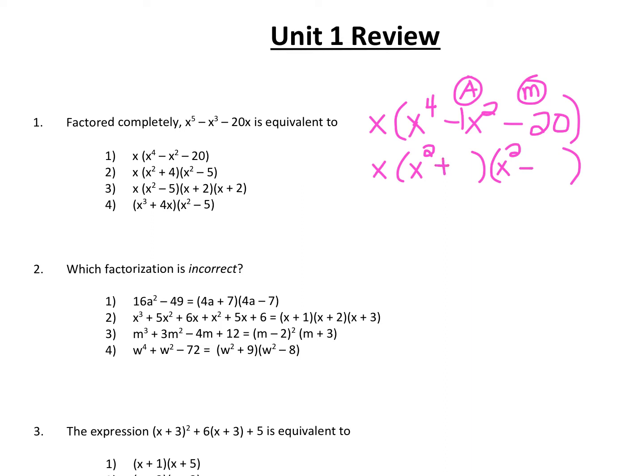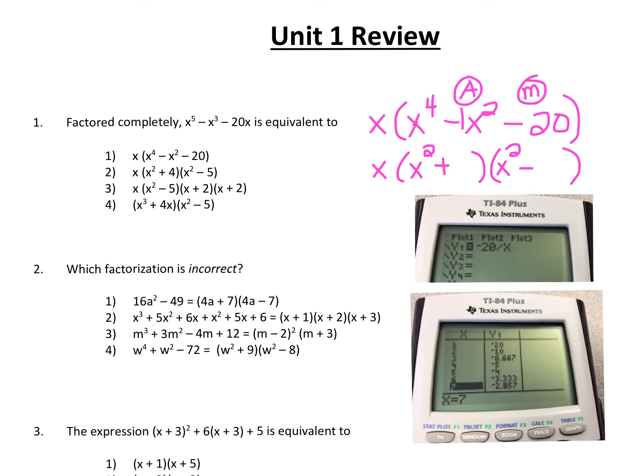So then you have to go through. You can use your calculator to help you if you want. We have to go through all the numbers that multiply to negative 20 and figure out which pair of numbers adds to negative 1. Okay, so just a reminder, if you have a really hard time doing this in your head, you could go to y equals and plug in the number we're multiplying to, right? Negative 20 divided by x.